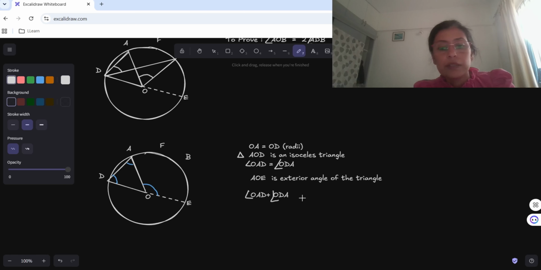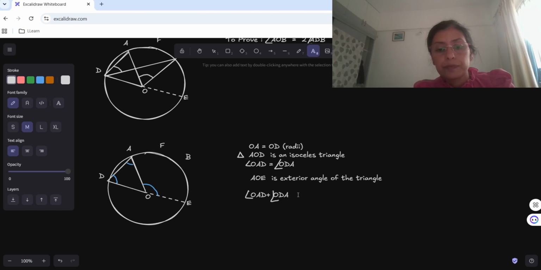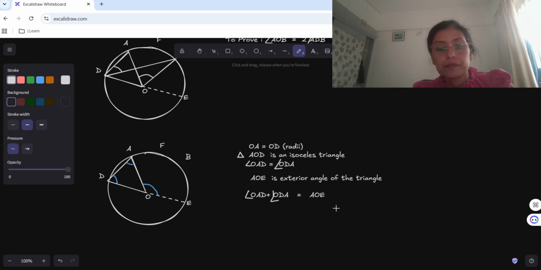Okay, this is equal to AOE. Now what I can also say is OAD is equal to ODA. So I can write it as ODA plus ODA, which makes it twice of ODA.